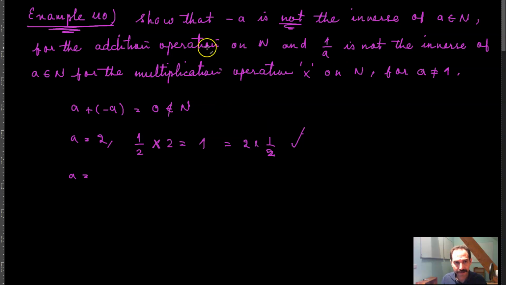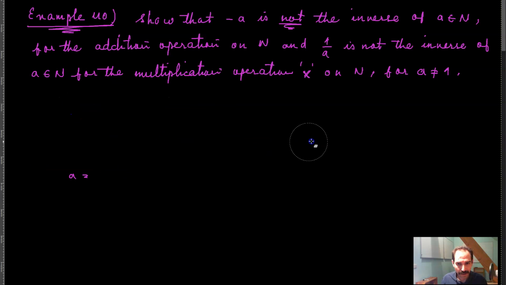It says that for the addition operation on n, and 1 divided by a is not the inverse of a belonging to n for the multiplication operation on n, for a not equal to 1. So the reason why that is true is based on the definition itself.